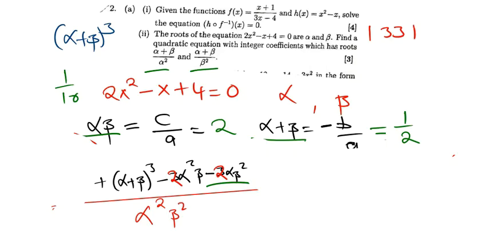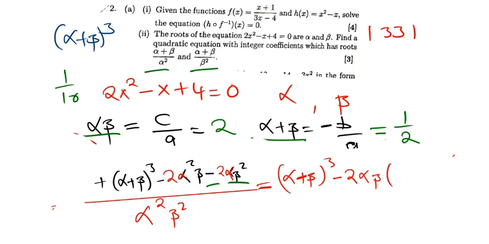So we make it a little bit clean. So is there a way that we can actually express this in the form of a product or addition of alpha and beta? If we try to factorize what's common, if I start with the first part, we have alpha plus beta raised to the power 3, and then minus 2 of course is common, and then alpha is common, beta is common.